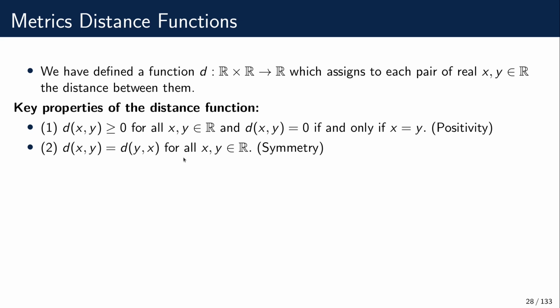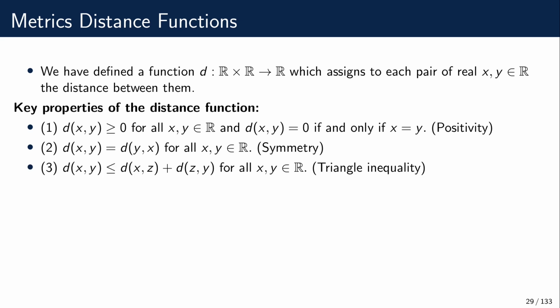If you go from point A to point B in a car, and you have one-way streets, you can't necessarily travel the same road backwards. Maybe you'll have to take a longer path on your way back. So it's not so obvious in general, but here it's an obvious property, and this is something that we want every distance function to have.